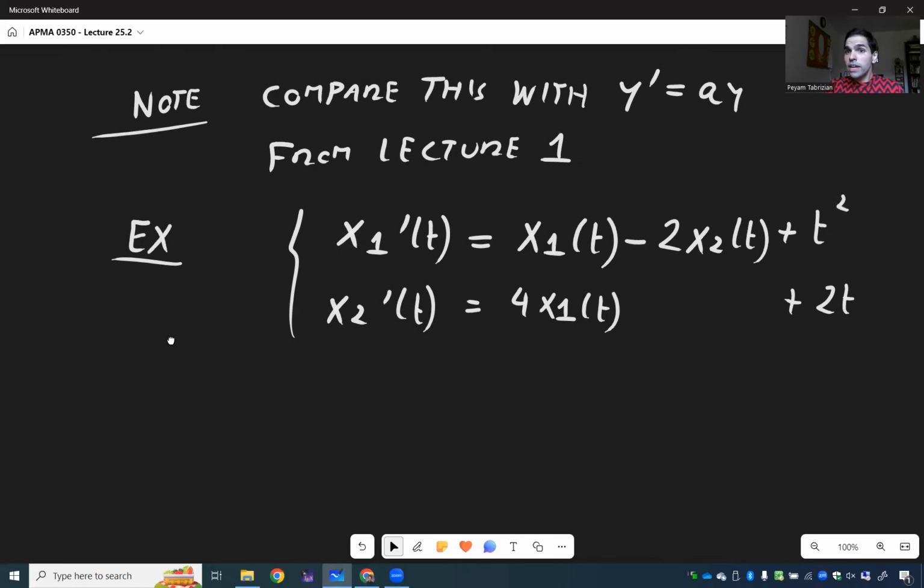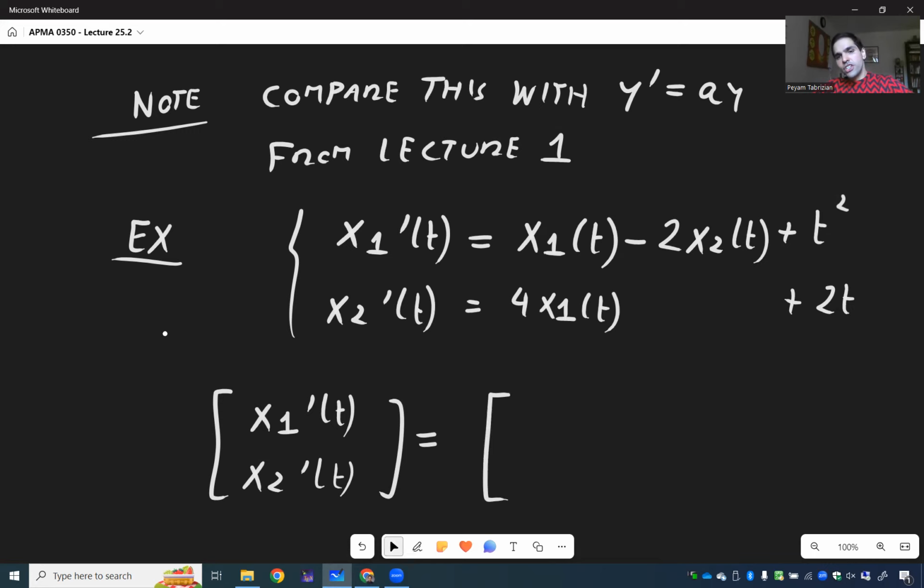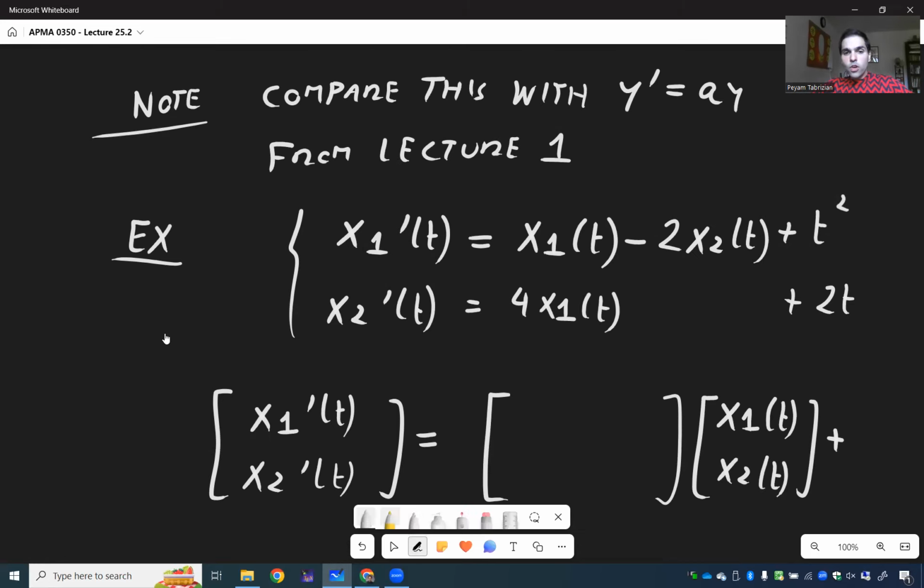We can also write this in matrix form. So we get x1 prime, x2 prime, some coefficients that we'll fill out in a second, x1 and x2, and maybe some other terms. Now, what are the coefficients, first of all?